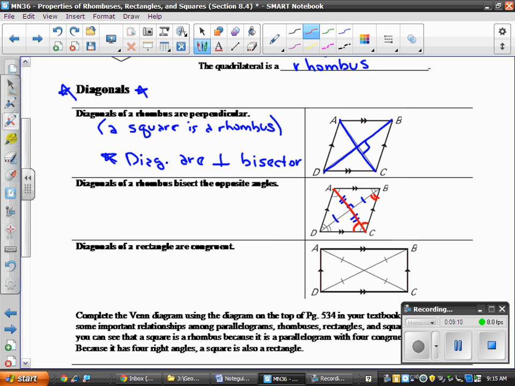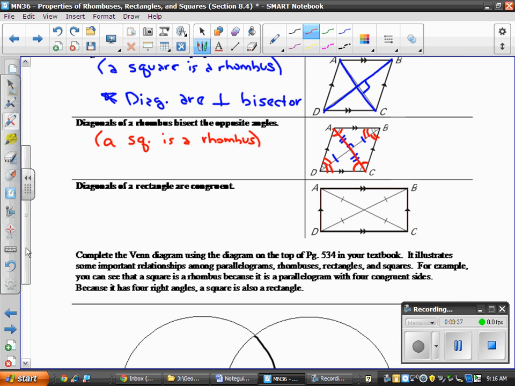And then this angle here is going to equal that one right over there. And that plays a huge role when you're trying to find angle measures. And again, just a reminder, a square is a rhombus as well. I keep saying that because sometimes we overlook that the square has all these properties.